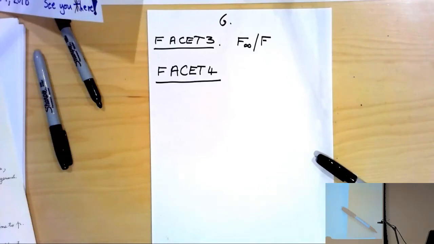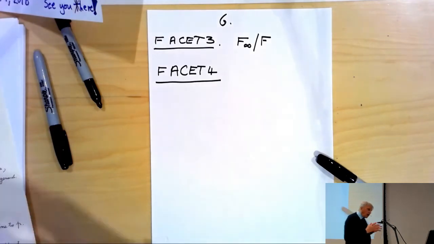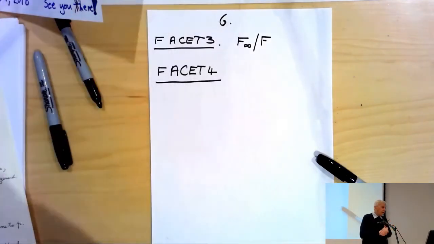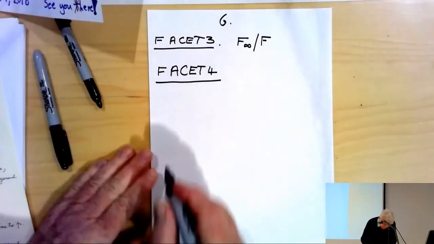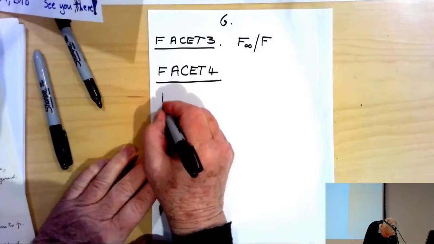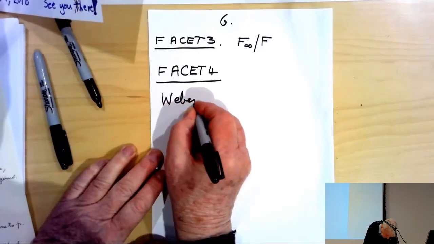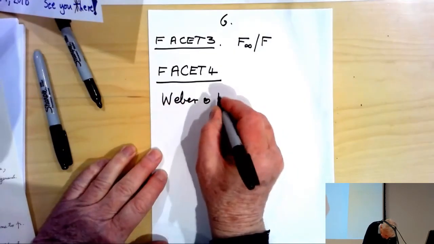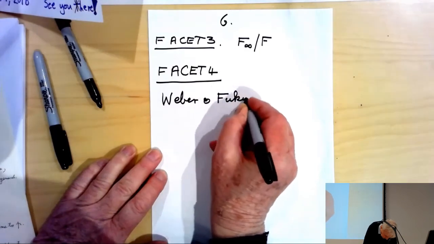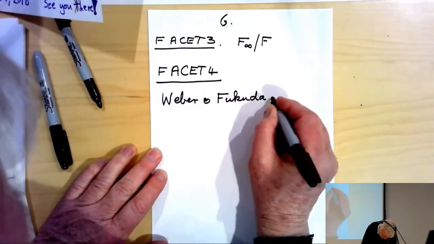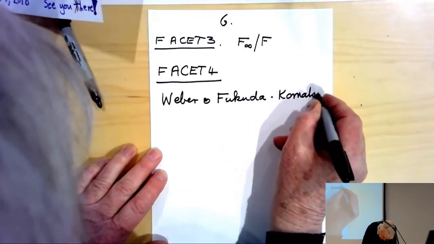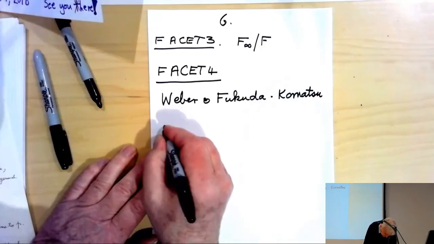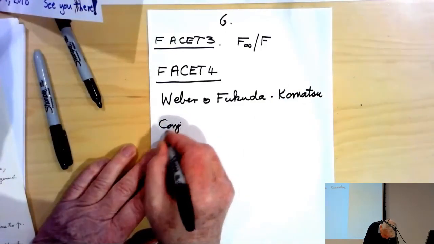But I want to just end by mentioning perhaps the oldest example of this type of conjecture, which goes back in a very special case to Weber, and was then studied more recently by Japanese mathematicians, in particular Fukuda and Komatsu, and others. And the conjecture is the following.